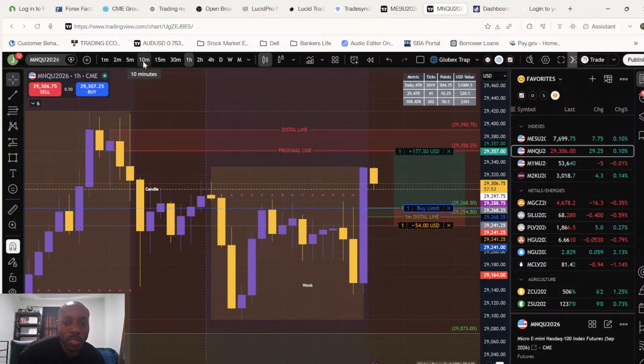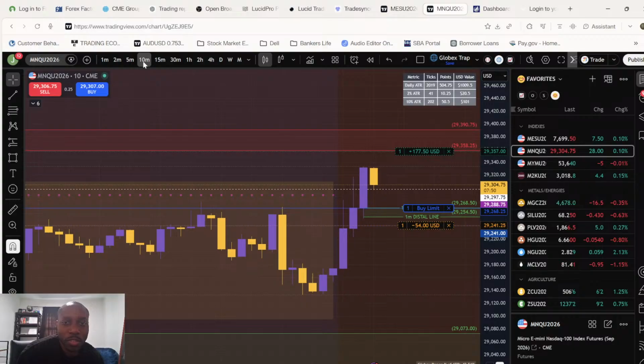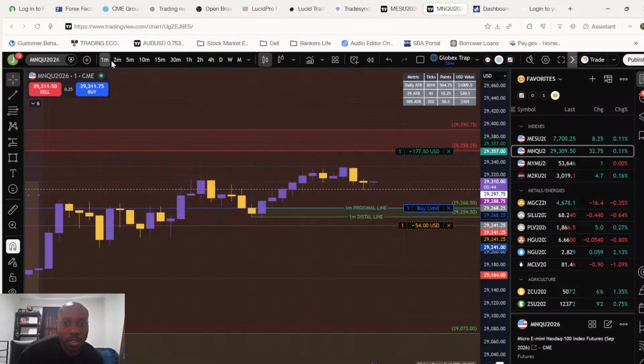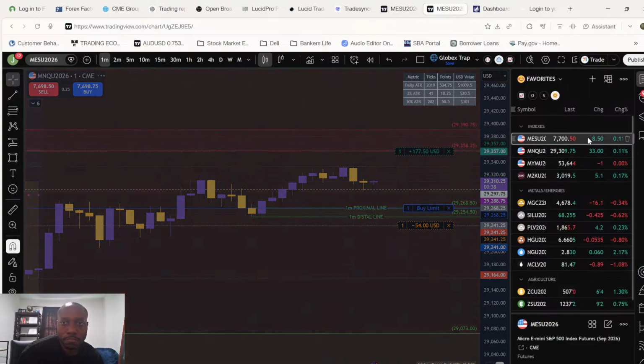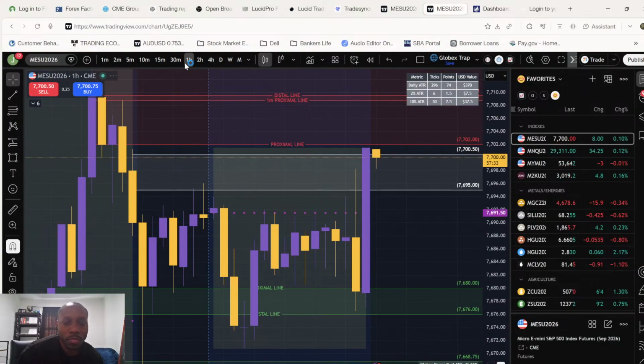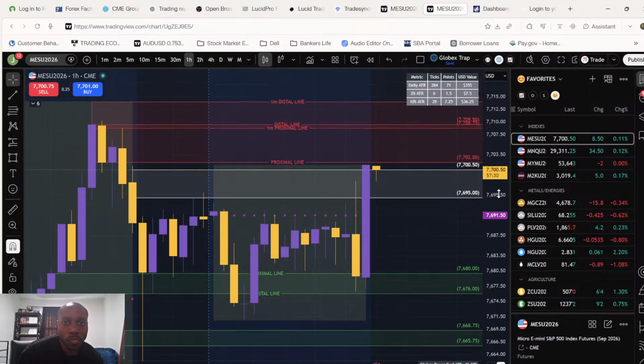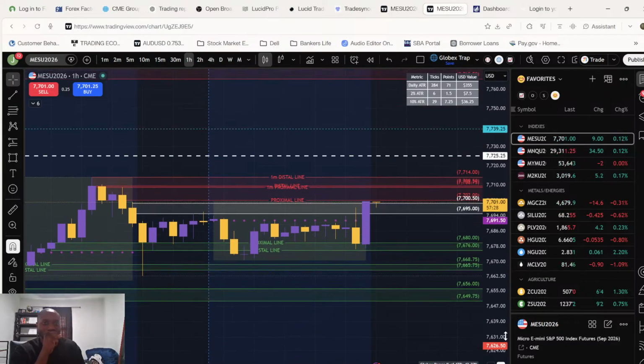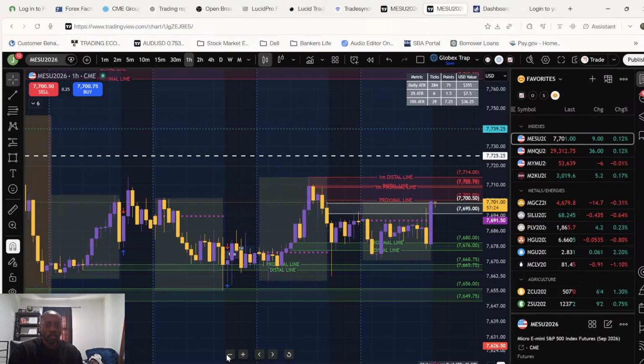It's a 1 minute demand zone. We'll see if it can come down there. See here, you don't have much of a gap.